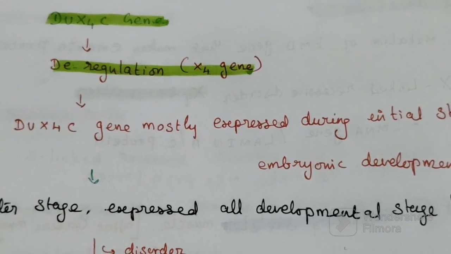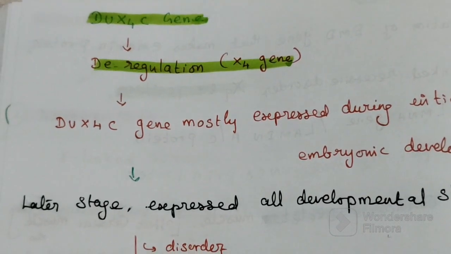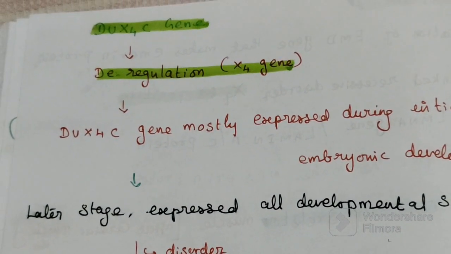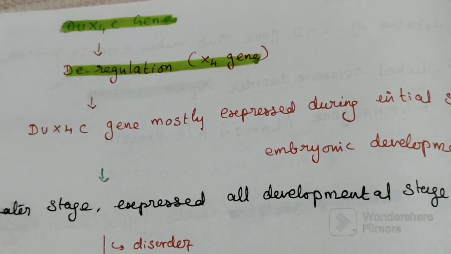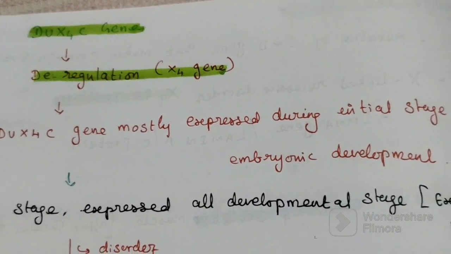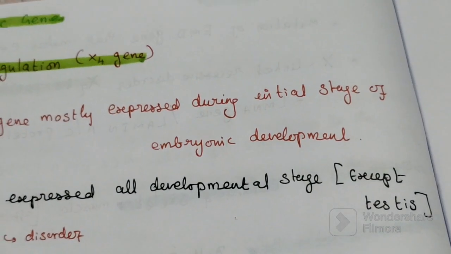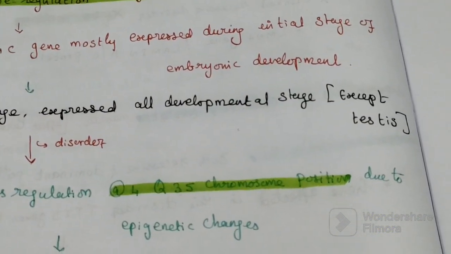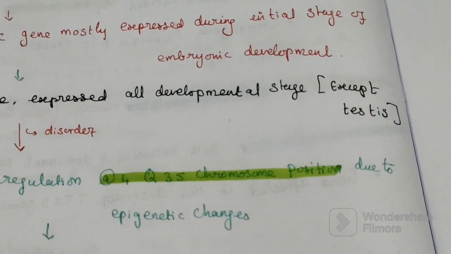To recap the DUX4 gene: deregulation of the DUX4 gene. DUX4 is mostly expressed during the initial stage, later expressed in all development except testis.